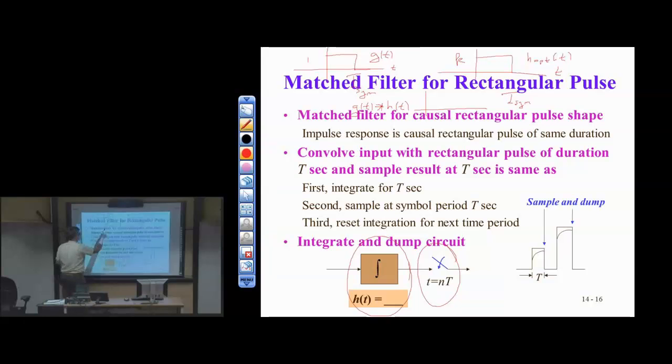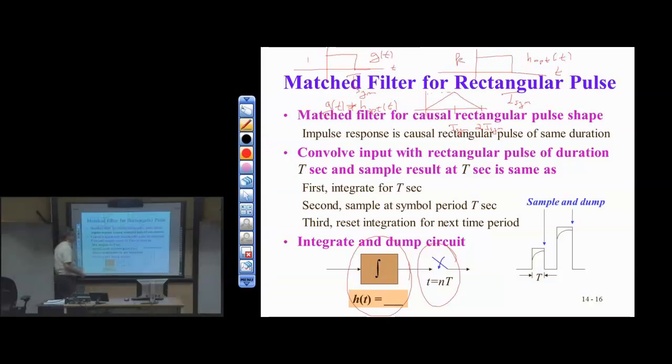So let me fix that one. This is g of t convolved with h opt of t. I get a triangular result. The maximum value occurs at the symbol time. That's a good thing. We want to get as much signal power through as possible, and we do that. What's the amplitude here at T sym?